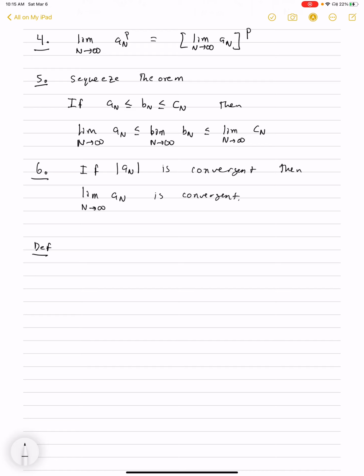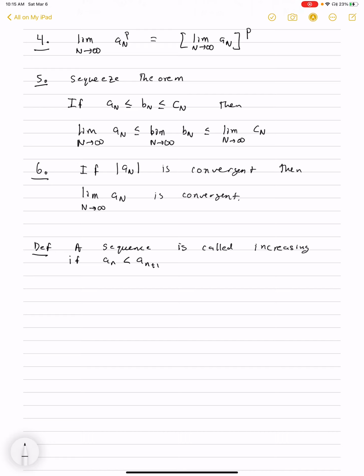So it's just this notion of increasing. A sequence is increasing if the larger term, a sub n plus 1, is bigger than the previous term.